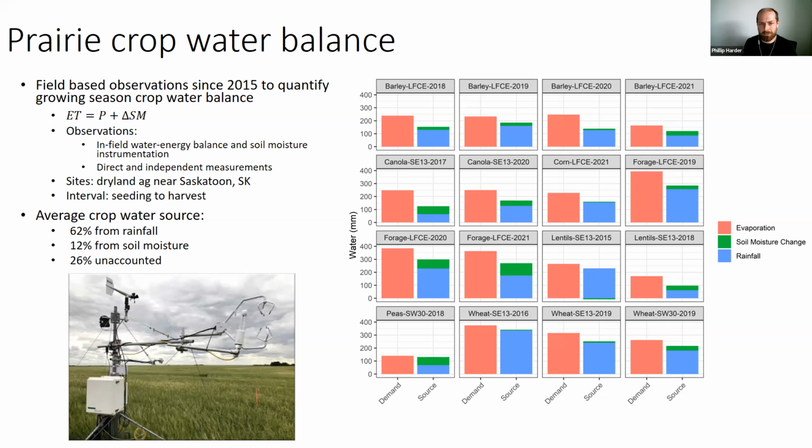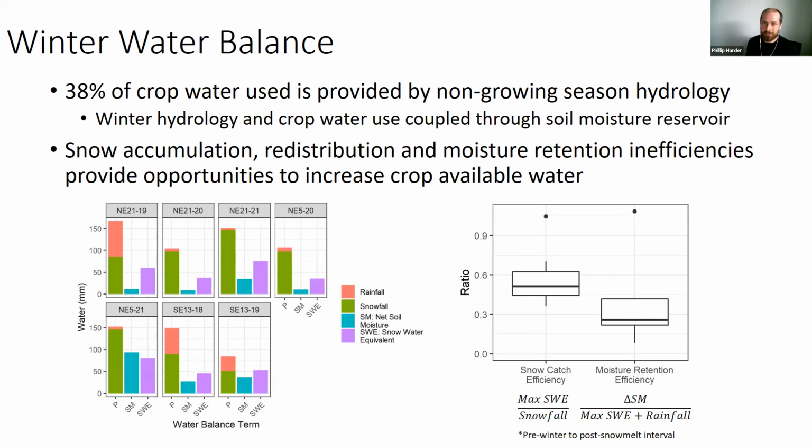Then we have this other part of 26% on average, which is unaccounted for. And we can make all sorts of speculation on what's going on in terms of our sample design and spatial variable hydrology. But long story short, on average for this interval, 38% of our crop water use is really provided by non-growing season hydrology. And this is coupled through our soil moisture reservoir.